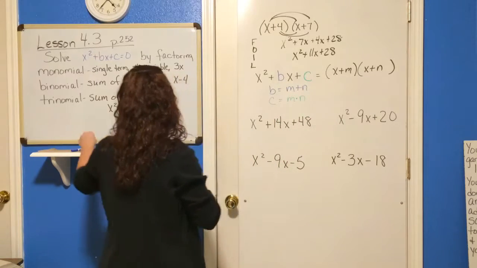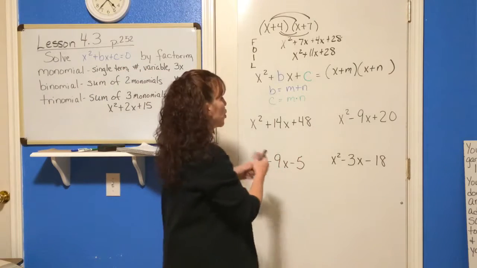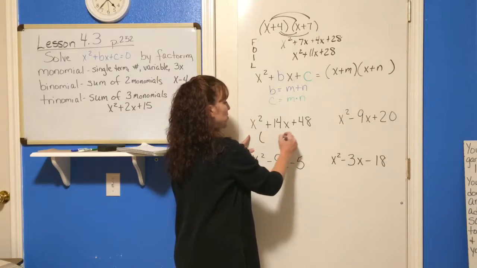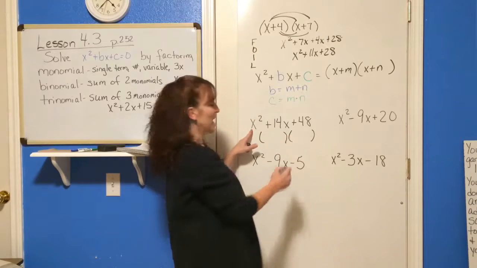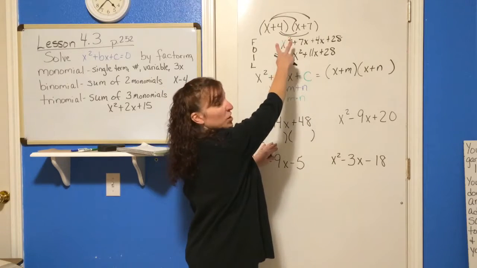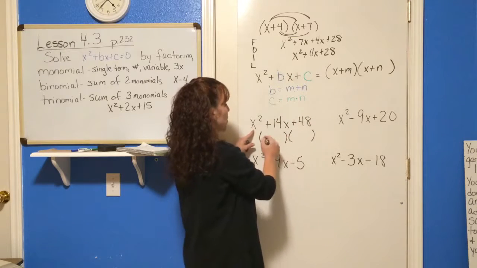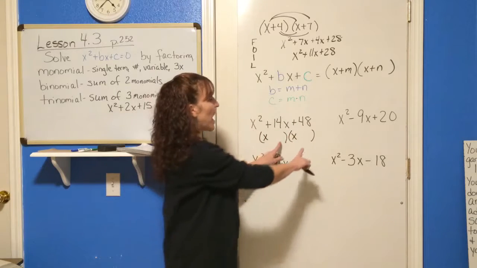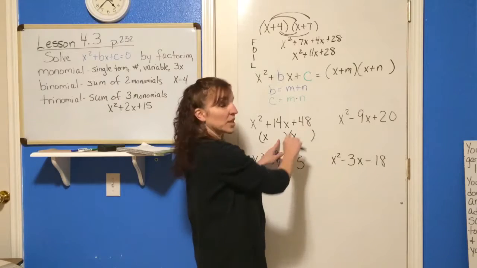So we do that by looking at, well, what numbers do we multiply together? You're going to start actually with your third term. The first term is easy in this case because x squared is just x times x. So you want to get back to where we started before. We want to get back to two binomials multiplied together. So the x squared came from x times x. That part's easy. Our second terms are going to be multiplied together to get the 48.